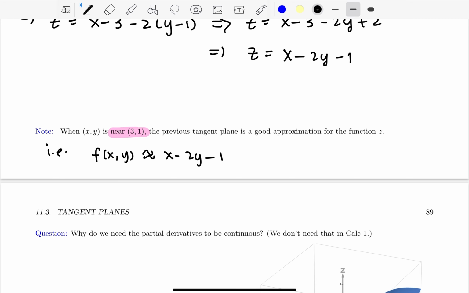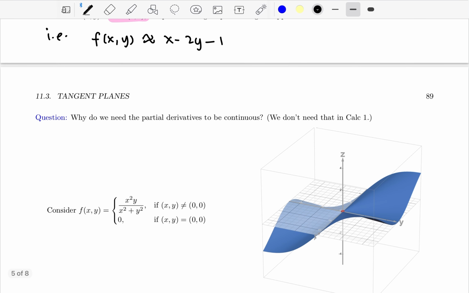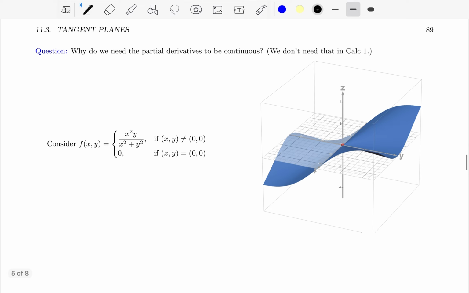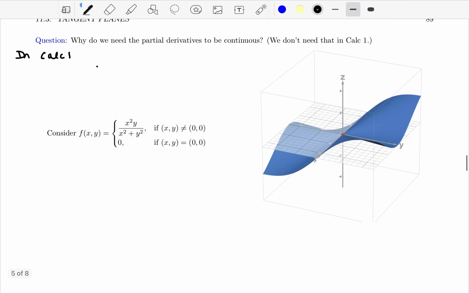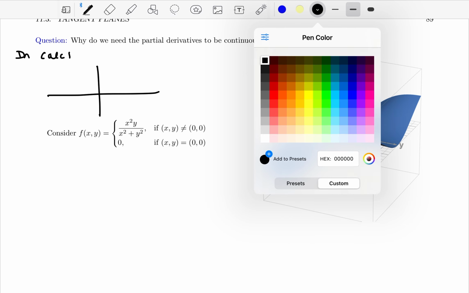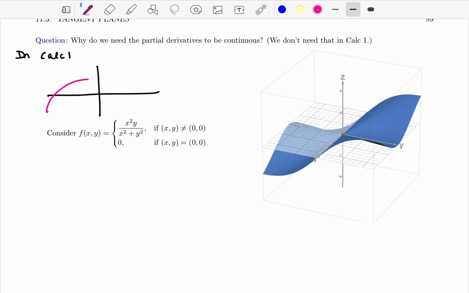Okay, perfection. Now, here's the question. In calculus 1, it is enough for the derivative to exist. If you find the derivative and you get a number, then you're done, right? So in calc 1, let me remind you, if I have a graph here and then I have my function f, and this is a, I can go here and find the slope of a tangent line.